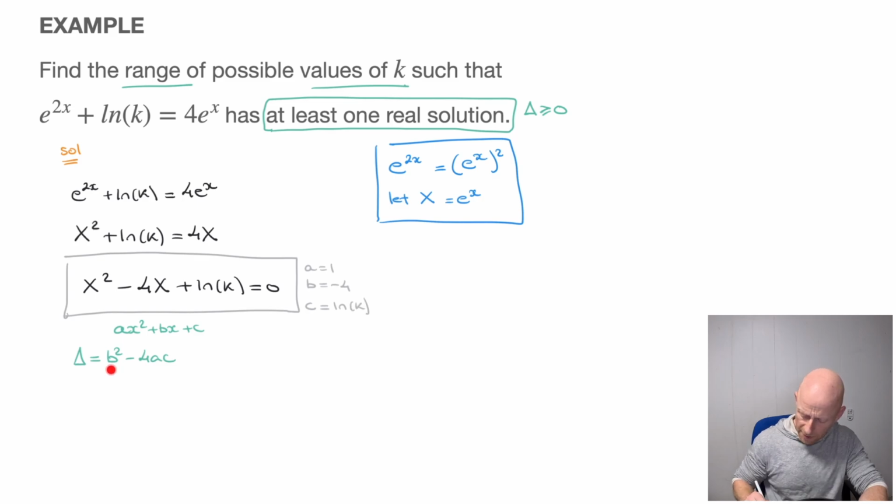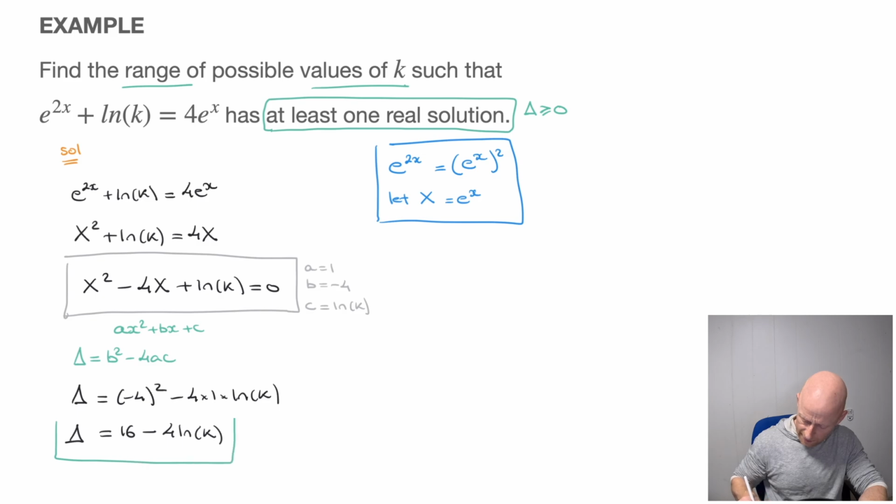And so replacing a, b, and c by their respective values inside this formula for delta, we find that delta is equal to negative 4 in parentheses squared minus 4 times 1 times ln of k. Now, negative 4 in parentheses squared, well, that's equal to 16. And so that's 16 minus 4 times 1 times ln of k, so that's 16 minus 4 ln of k. And there we go, that's delta. And in fact, I'll go ahead and box that.